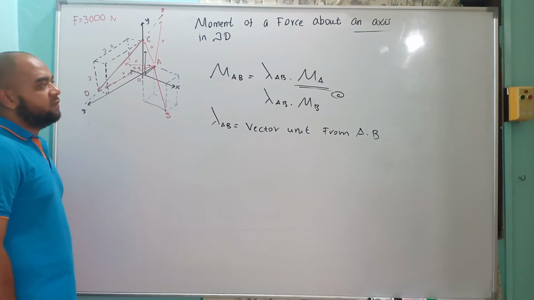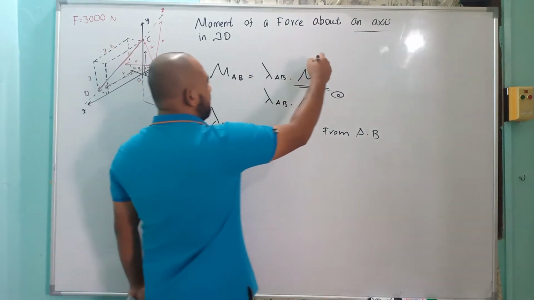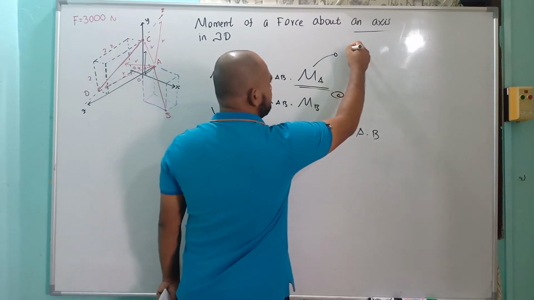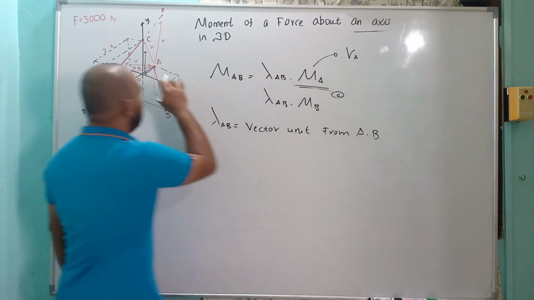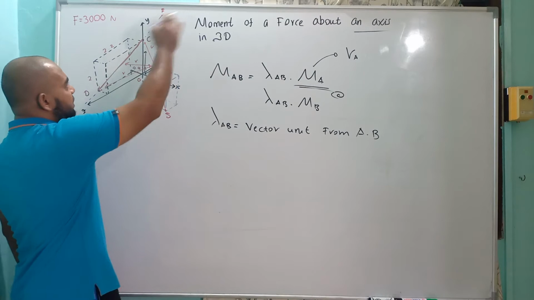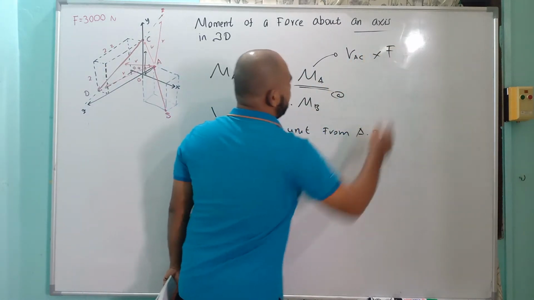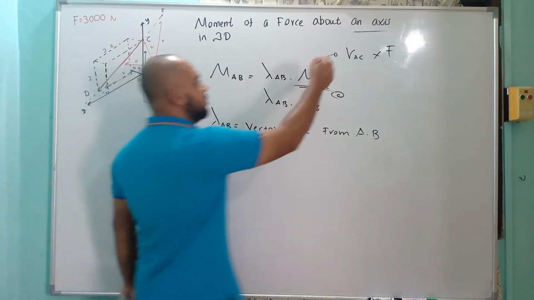We have seen the first one, which we used before. MA is R from A to any point on the line of the force. Let's say we use AC, R cross F. So this is the moment.